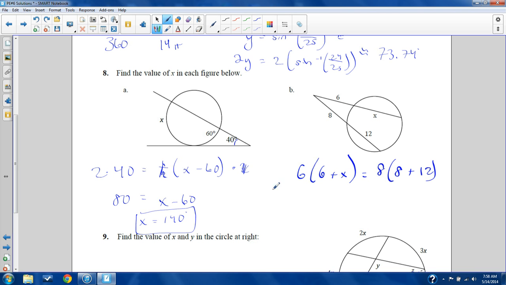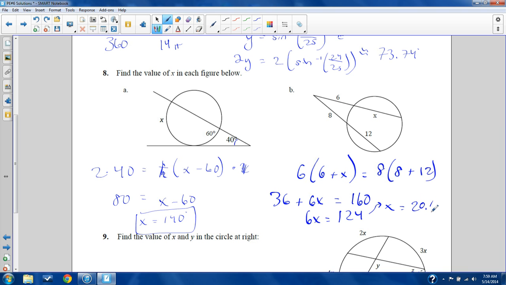Distribute. I'll get 36 plus 6x equals 8 plus 12 is 20. 8 times 20 is 160. So that equals 160. Subtract 36 from both sides. I get 6x equals 124. And x equals, what will that be? 20 and 2/3.